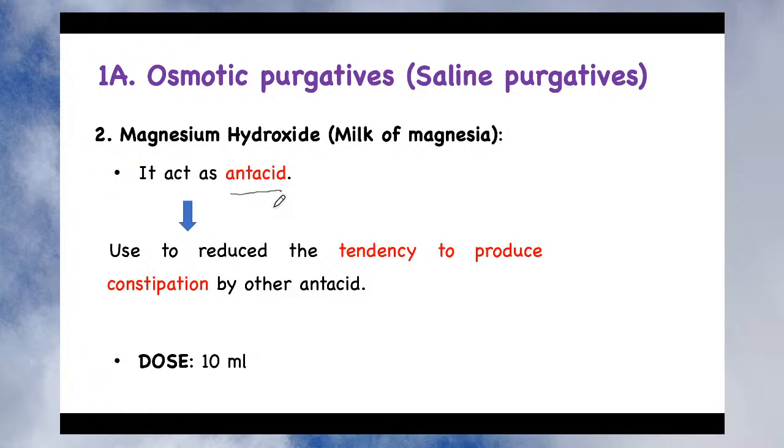Generally, when you give an antacid in the form of a tablet, or other categories of antacids, like those which block your histaminergic receptors such as ranitidine or cimetidine, all these antacid drugs have a tendency to produce constipation.